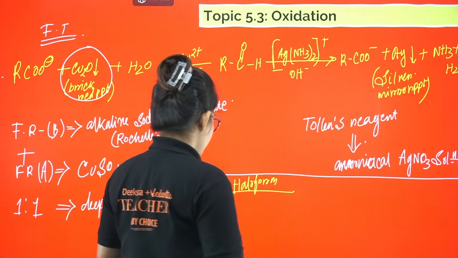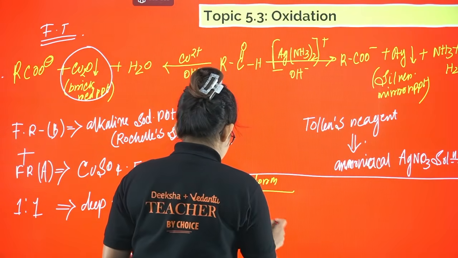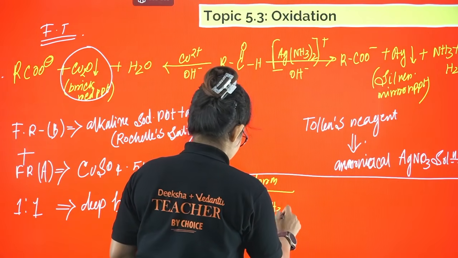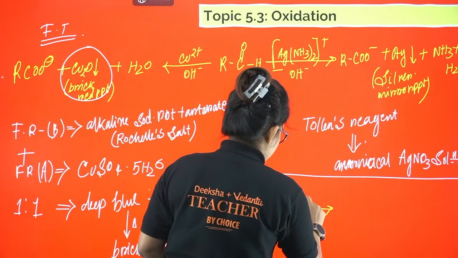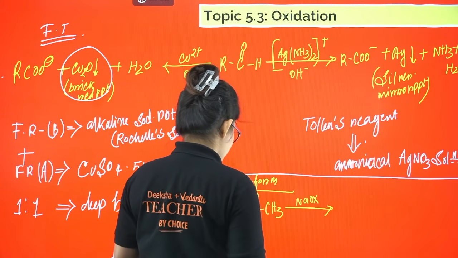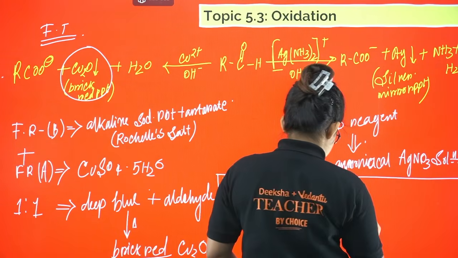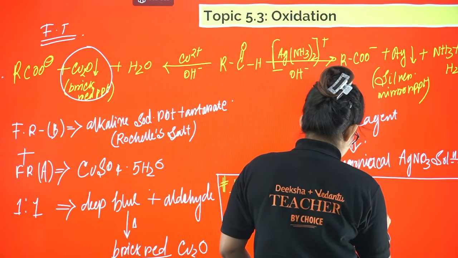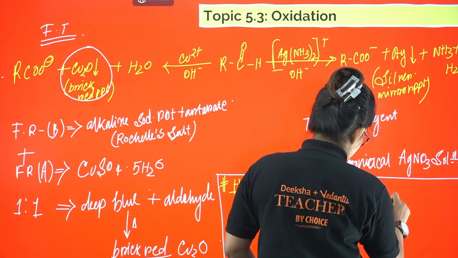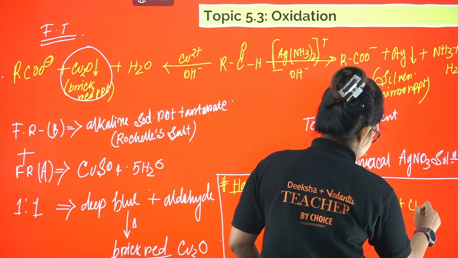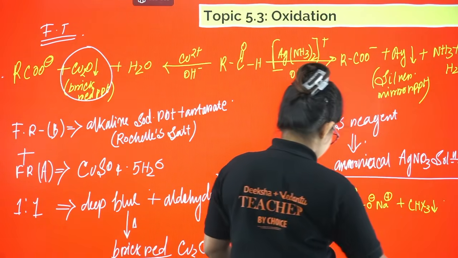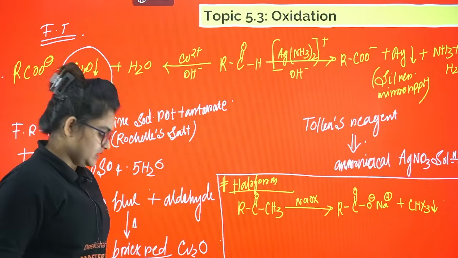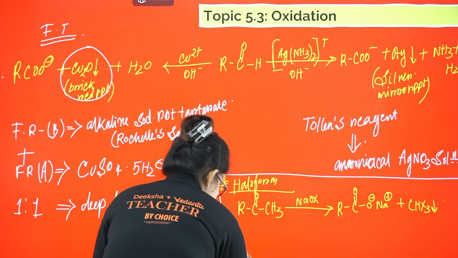So haloform, if you have, let's say, a ketone, or methyl ketone more precisely, RCOCH3, and you give NaOX, a hypohalite type of compound, you will end up with the haloform: RCOO minus Na plus, that is also an oxidation reaction, plus CHX3. This precipitate you will get if you are using iodine.